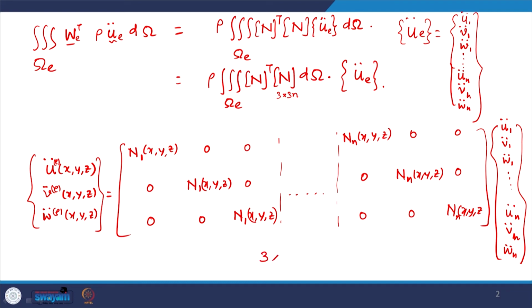So, this is going to be a 3 times 3n matrix, and this is what the shape function matrix or interpolation function matrix is. And this N transpose obviously is then going to be 3n multiplied by 3. So, together this becomes 3n multiplied by 3n, and this entire integral is referred to as the system mass matrix or inertia matrix.